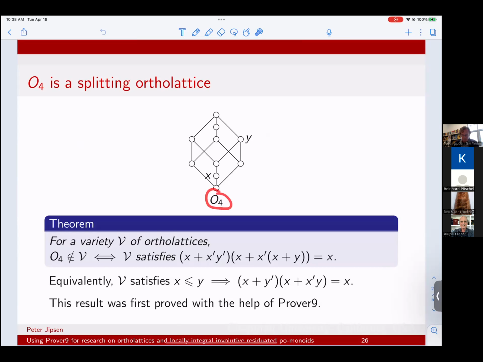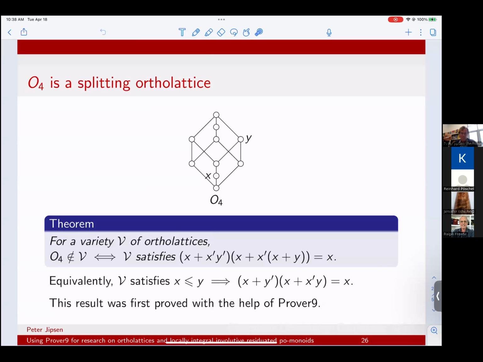But O4 kept popping up in various ways as a crucial member. And it took quite a while for us to realize that, oh, this is actually a splitting ortholattice. And that gives you some information, because in the splitting diagrams that I showed earlier, you know that Boolean algebras have exactly 2 covers.